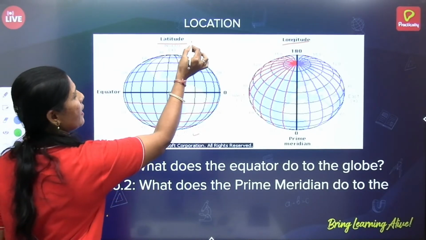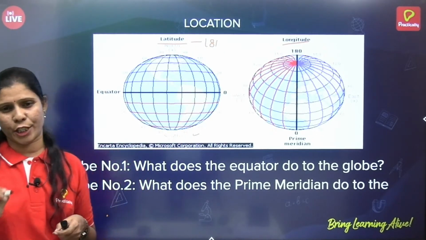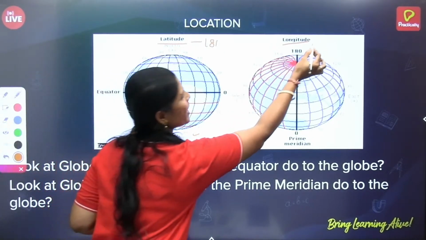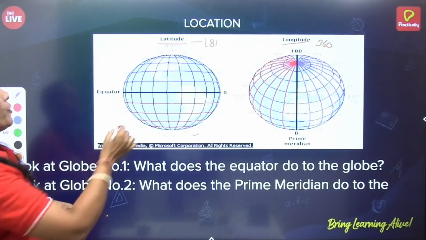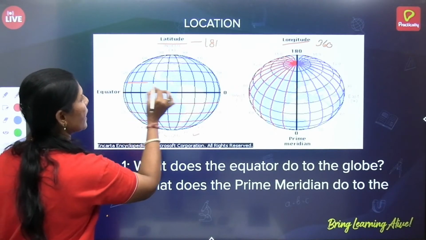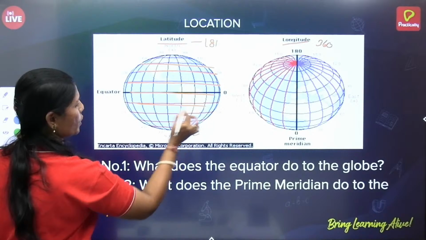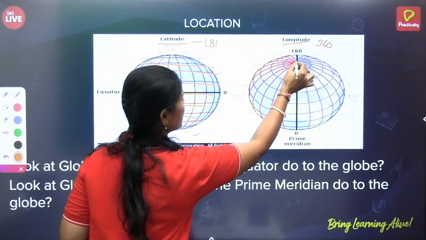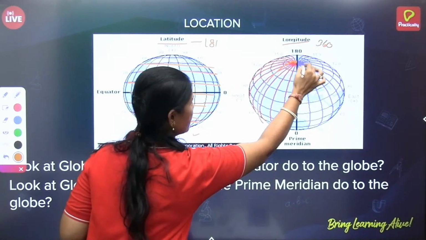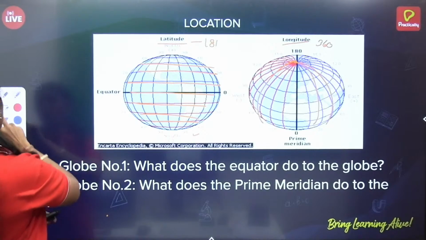These lines are imaginary lines. There are 181 latitudes and there are 360 longitudes. On the whole, the latitudes are the lines drawn parallel, and the longitudes are the lines which are joining like this. You can see it on these two globes.